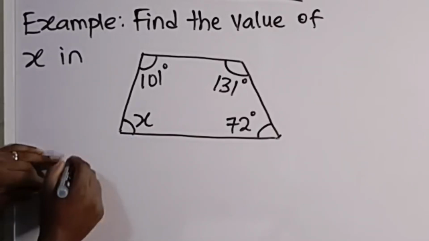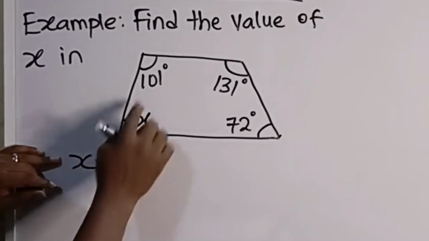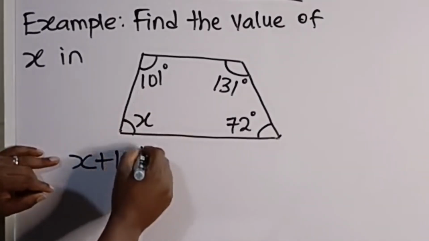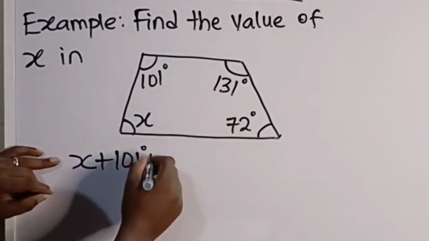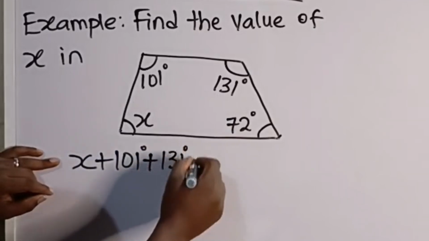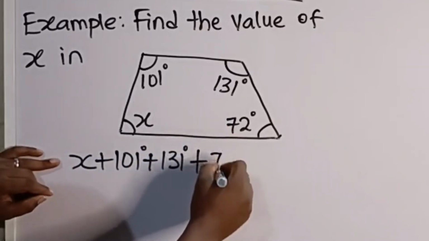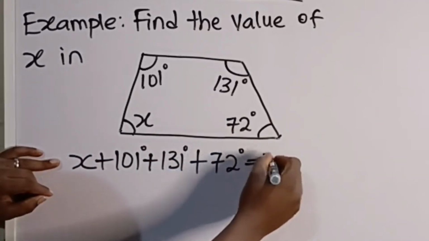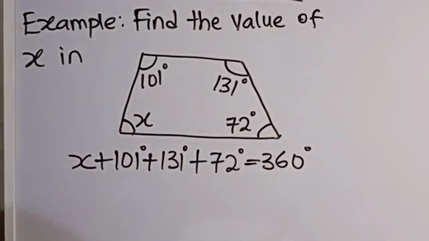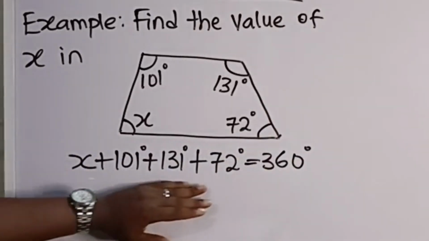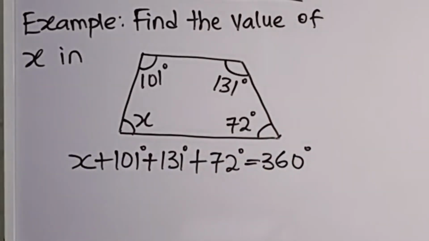This means that x plus 101 degrees plus 131 degrees plus 72 degrees is equal to 360 degrees, just by applying that principle.